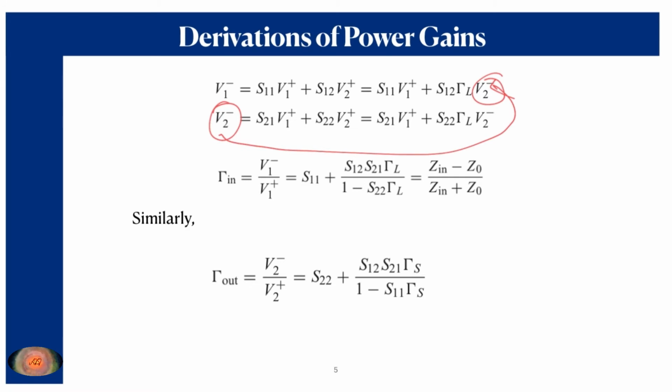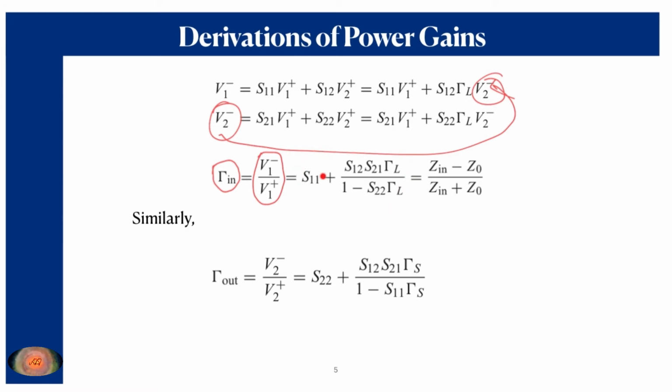Once this expression is replaced, I took V1 plus common, and I have defined this ratio in order to find the expression for gamma in, the reflection coefficient at the input terminal, or due to the mismatch in input impedance, and this expression holds all of these parameters.